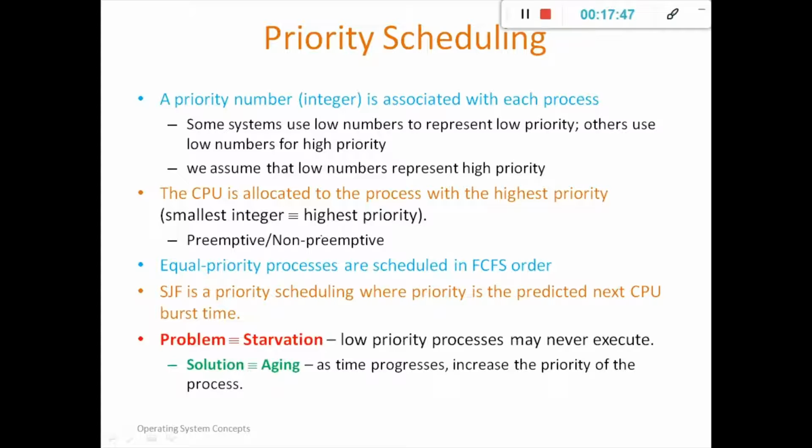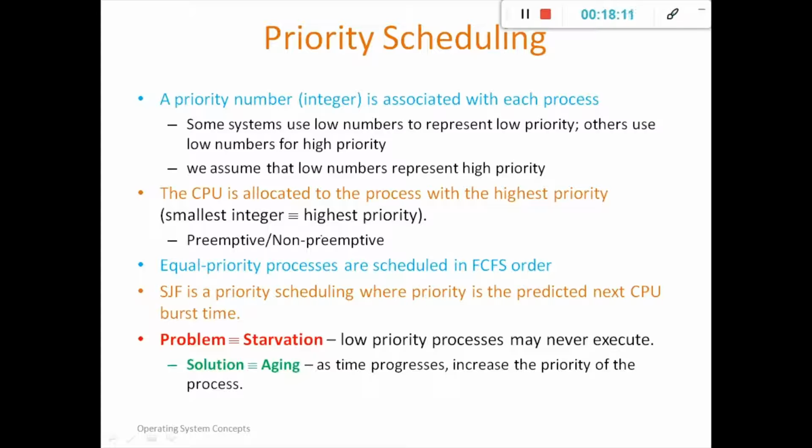Priority may be assigned internally or externally. Internally means that the operating system itself will assign the priority based on the type of the process. If it is an interactive application, then the highest priority will be assigned. If it is a background process, then some medium or low priority will be assigned.